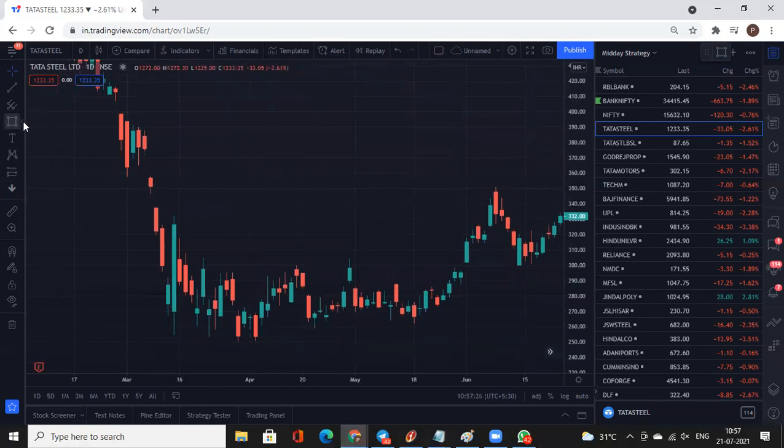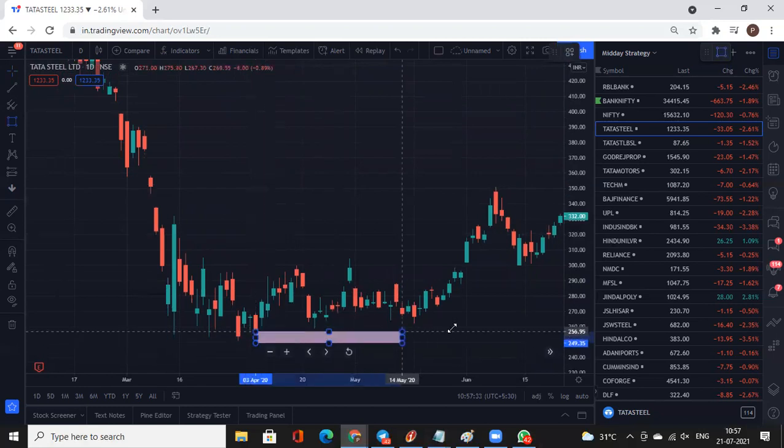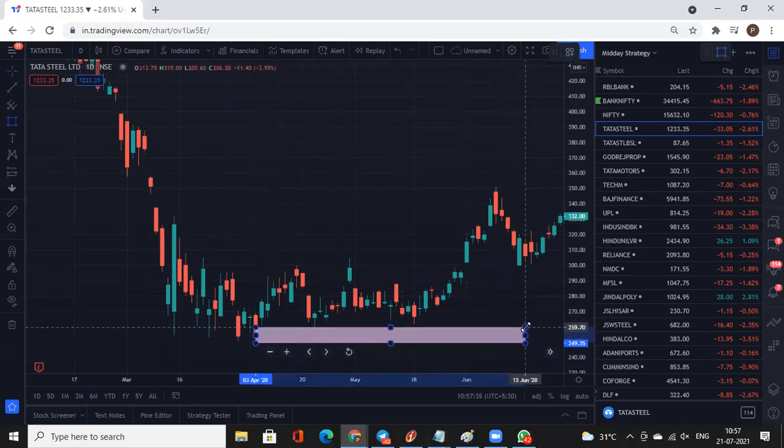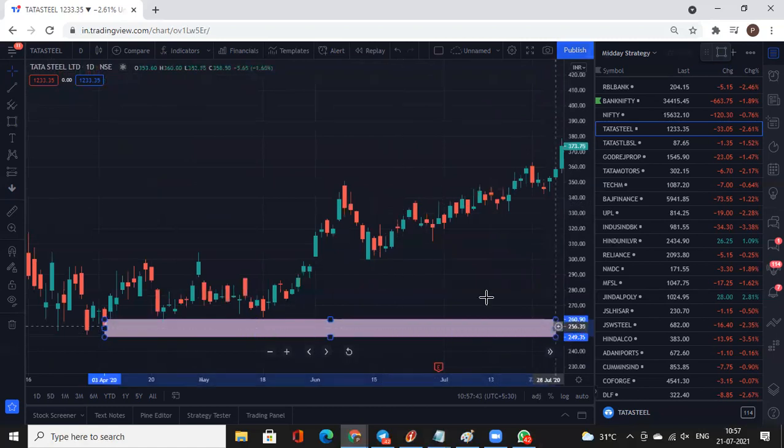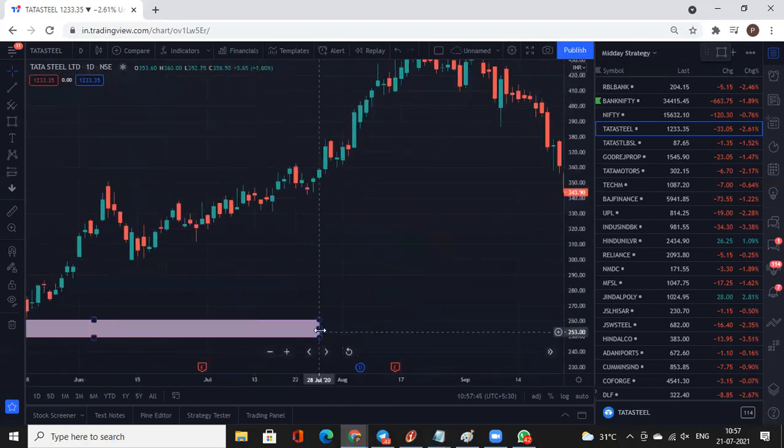Let me mark this as a support area. Let me mark it like this from here, and then I'm marking it like this. I'm going to take it till the green color. Okay, you need to take it to the green wick, and then this is the permanent support area.